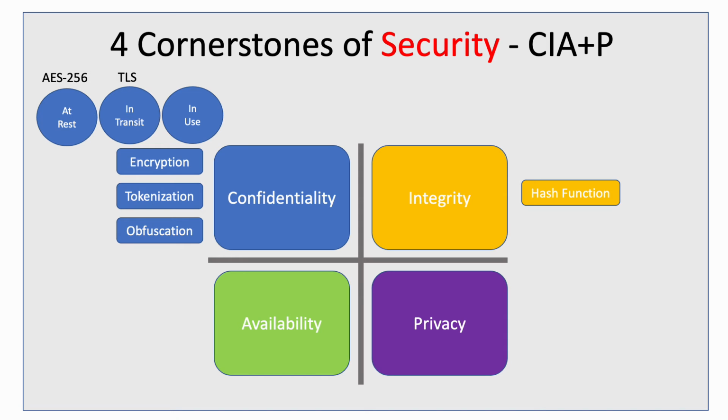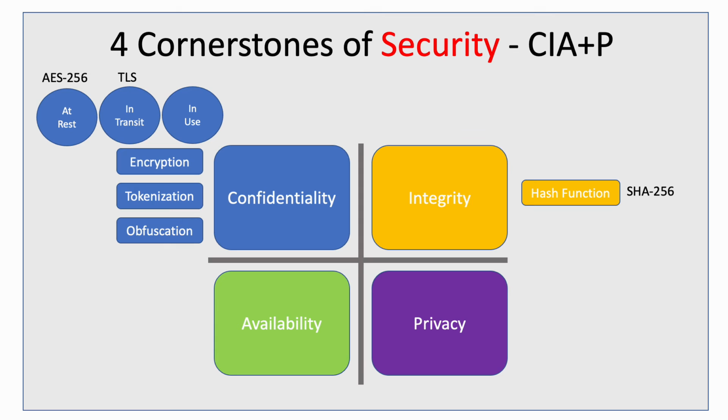Now what user B will then do is compare the hash value that they generated to the hash value that they received from user A. If they both match, then the integrity of the message is in place and it has not changed. If it is different, then obviously something has changed along the way.